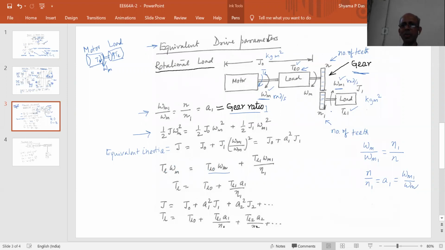The first load has a load torque of TL1 and speed of omega m1. So this is TL1 into omega m1, but it has been coupled with the motor through a gear. That's gear 1, which has an efficiency eta 1, the gear 1 efficiency.